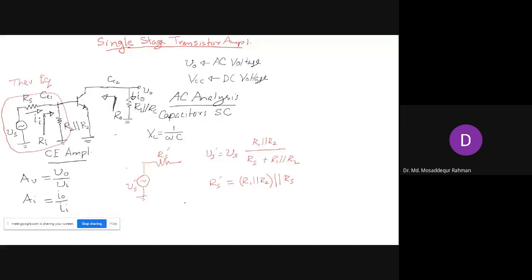Guys, is this correct? That is our Thevenin's equivalent. Yes, sir. Right. Okay.